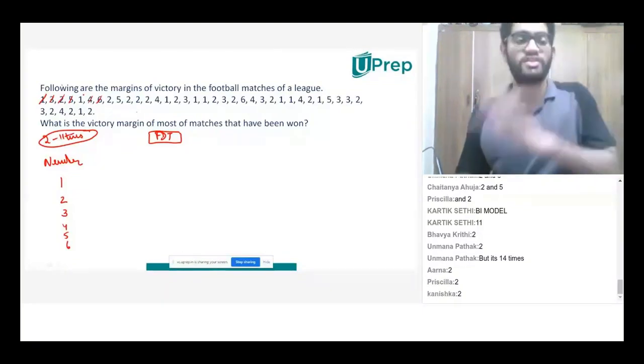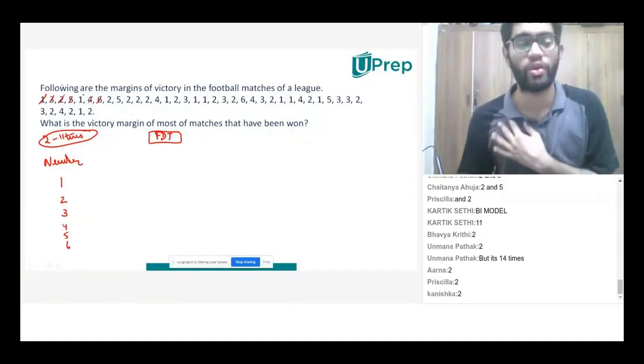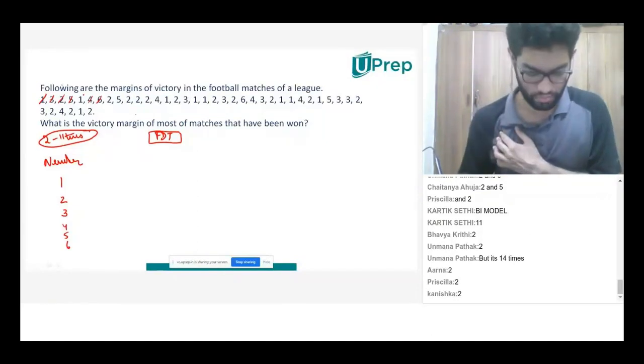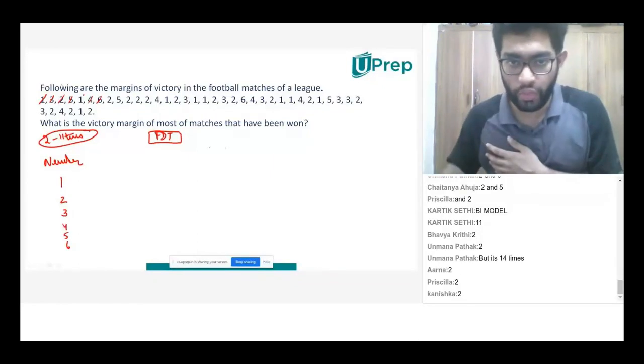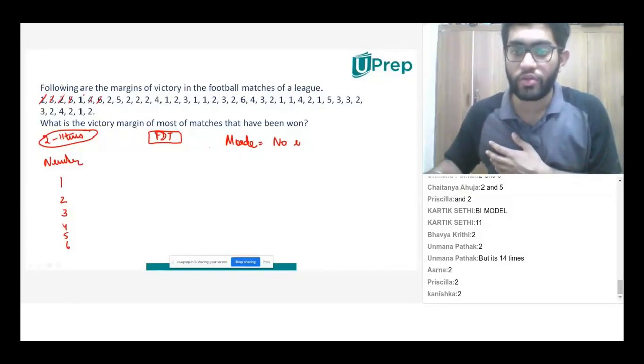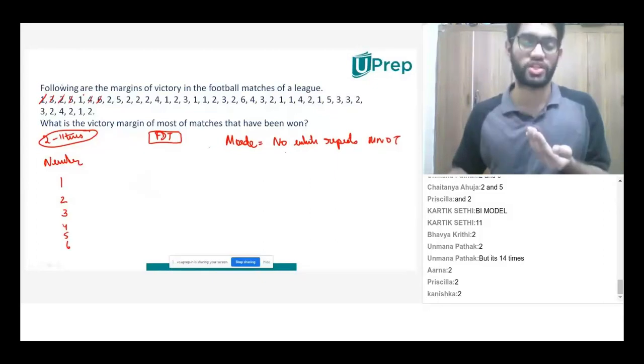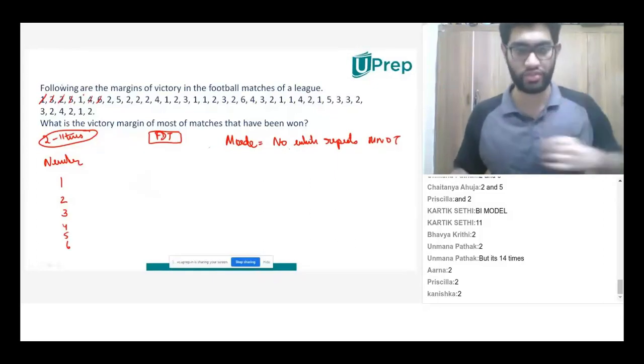We are saying the number which has the highest frequency. So the mode becomes 2. Is it clear now? What is mode? The number which repeats the most number of times. The number with the highest frequency, not the frequency value.